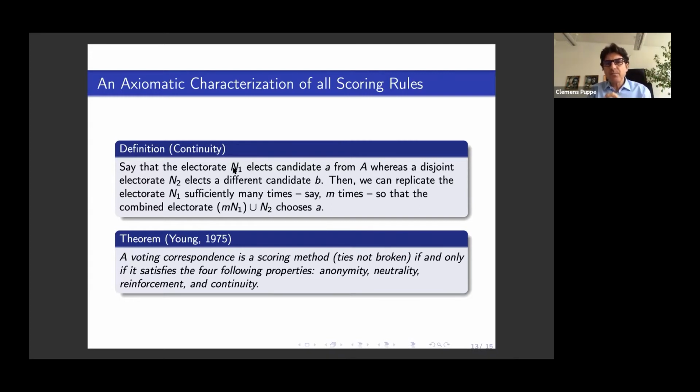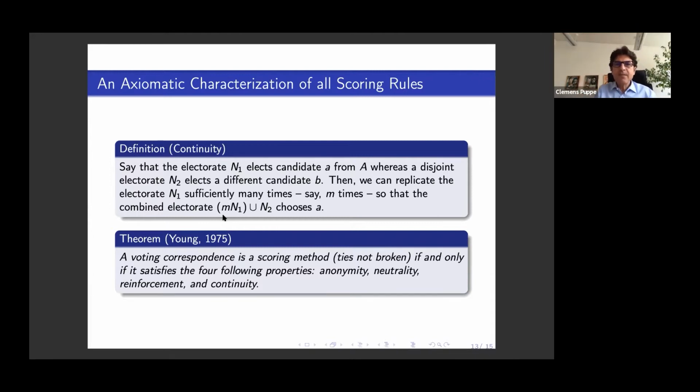So in other words, suppose there is a group of voters, N1, who would elect candidate A according to the voting rule. There's another group, N2, that would elect a different candidate B. But now suppose I take this group N1 and I replicate this many times.